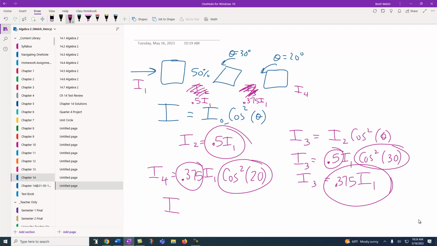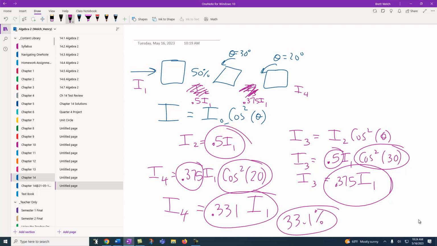I4, the total light that passes through, is what decimal of I1? 0.331, or roughly 33.1%. I will take either of those as an answer. That's the kind of calculation we would make.